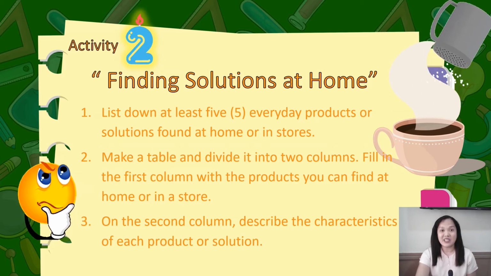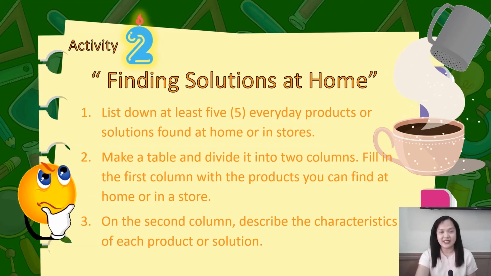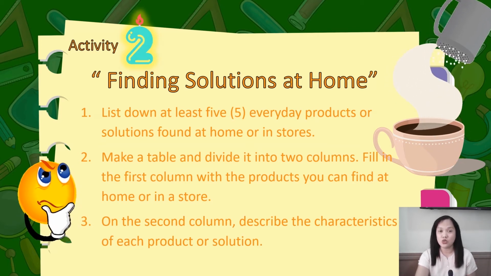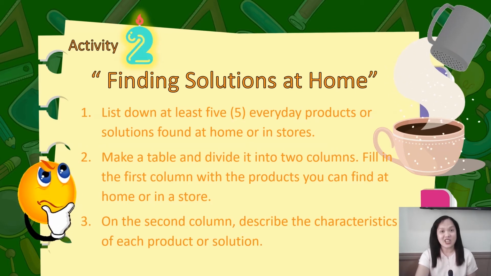Make a table and divide it into 2 columns. Fill in the first column with the name of the product you can find at home or in a store. On the second column, describe the characteristics of each product or solution. You may use the following guide questions in filling up the table.